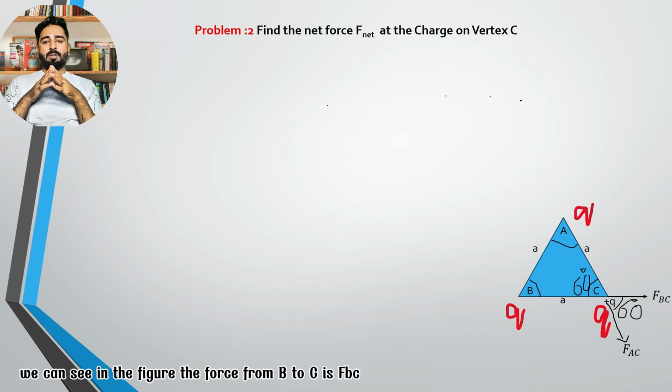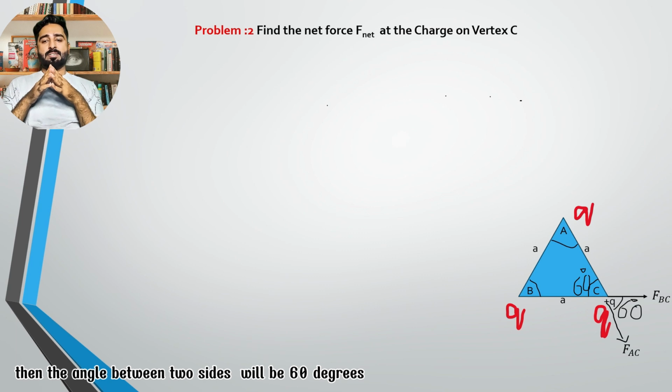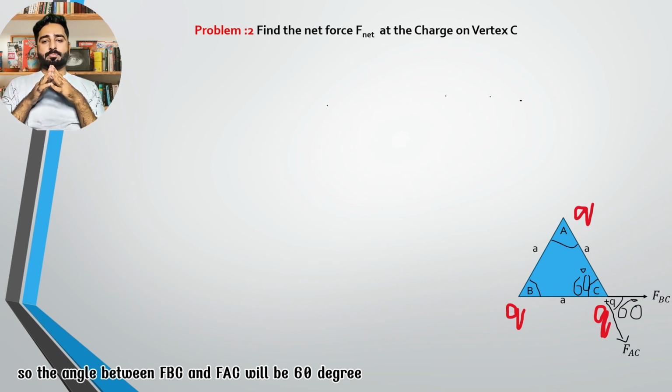So we can see in the figure the force from B to C is FBC and force from A to C is FAC. And we know the sum of the angles in the triangle is 180, then the angle between two sides will be 60 degrees. So the angle between FBC and FAC will be 60 degrees.